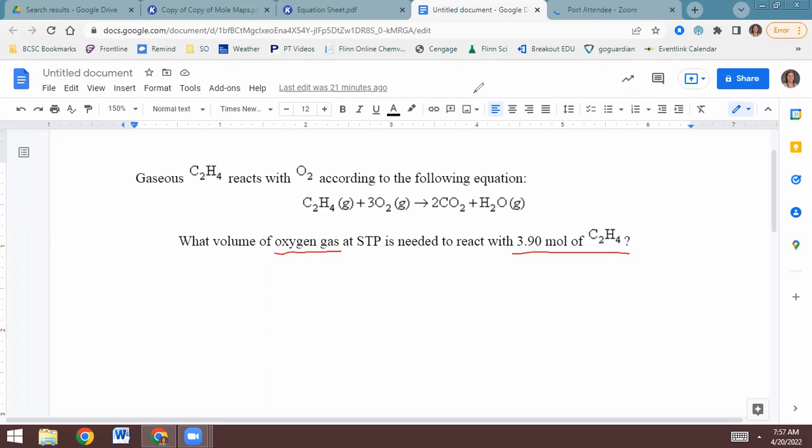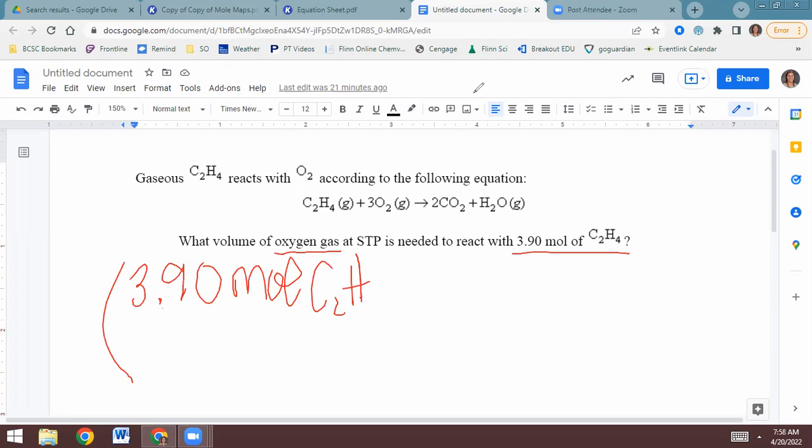Since it's starting with moles, we don't have to use molar mass to start, but we would just take our 3.90 moles of C2H4. Sorry for the terrible handwriting. I'm writing this on a computer screen. And we will multiply by the mole ratio.